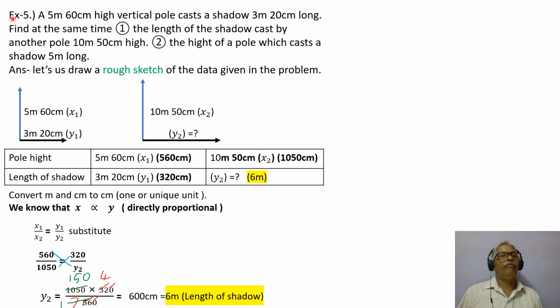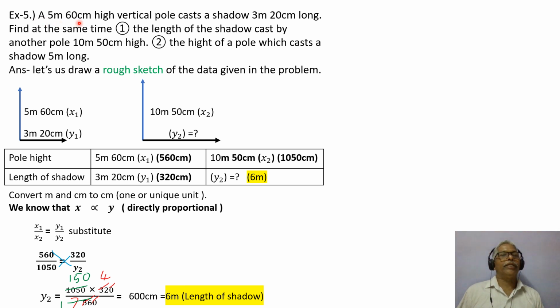Exercise 5, the fifth one. These are actually two problems combined, so we will tackle them one by one. Read it very carefully. In fact, all mathematical problems you should read very carefully so that you understand the data very clearly. Read it.